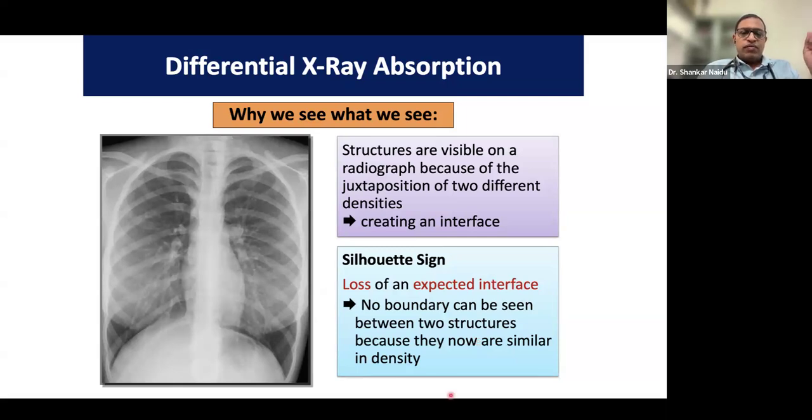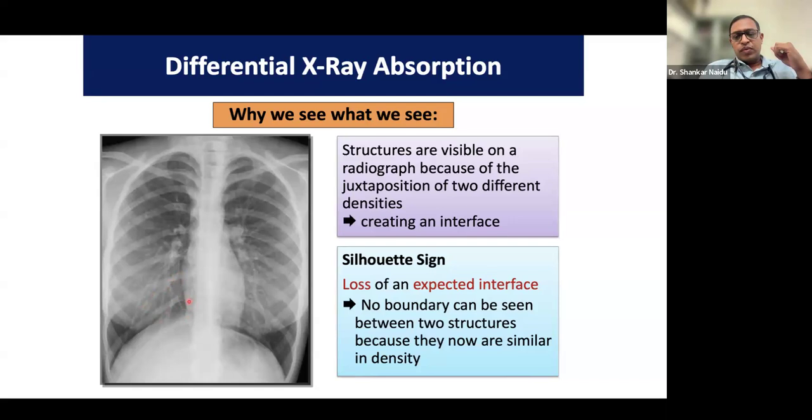Another important feature that we need to remember is the silhouette sign, where there is a loss of expected interface. For example, here is the heart border. Any opacity lying in this lower zone adjacent to the heart border would mask the right heart border, so there would be silhouetting of this border.